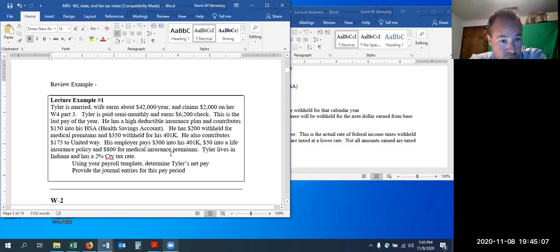I also want you to go ahead and do the county and Indiana rate for this one. So use your payroll template to determine his net pay, and then go ahead and do the journal entries. All right, once you give it a shot, we're going to talk through this one and make sure you've got the federal withholdings correctly. So go ahead and pause now.